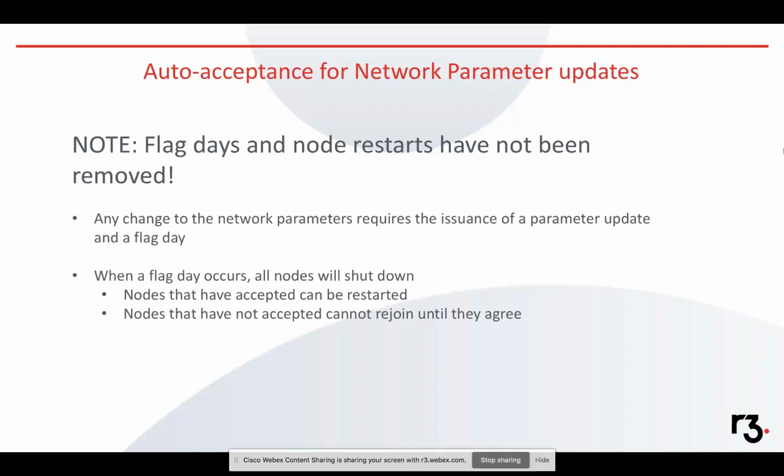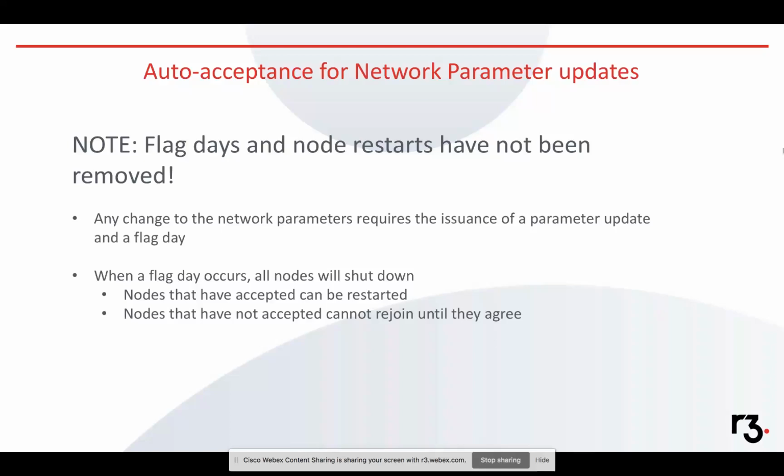No question, or we can move on. It's also worth pointing out what a network parameters update is. It's the moral equivalent of a hard fork in Bitcoin or Ethereum. It's a big deal. So yes, it would be nice if we could automatically reconfigure the node for some of these parameters. And I think there's actually work scheduled off the back of the offsite to look at how we do that for some of them.